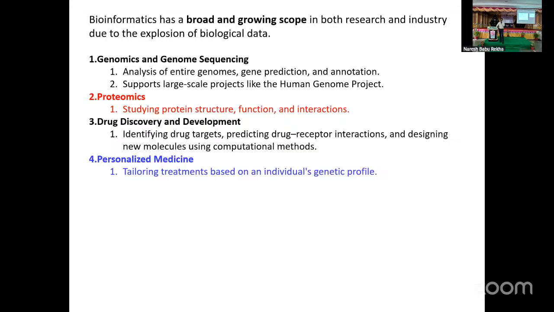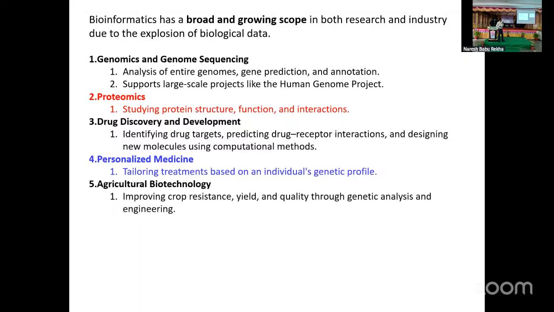But whoever treated your parents, you, or your grandparents knows which antibiotic will work for your family. So whenever you go, he will give it. Right? So that is personalized medicine.